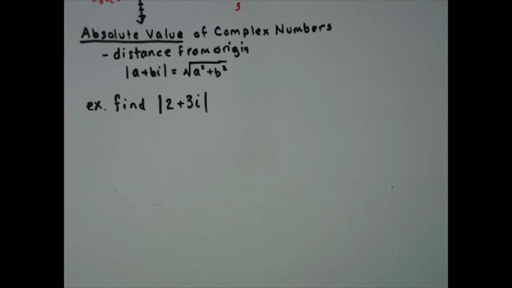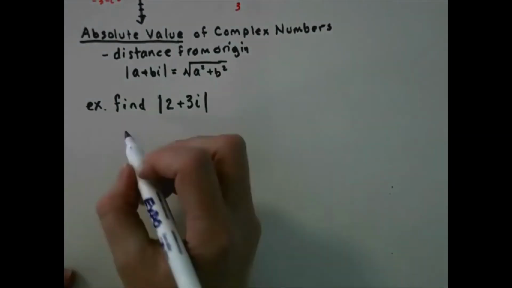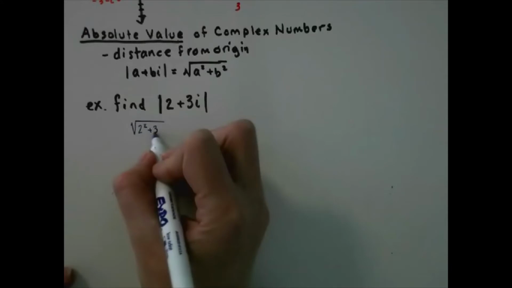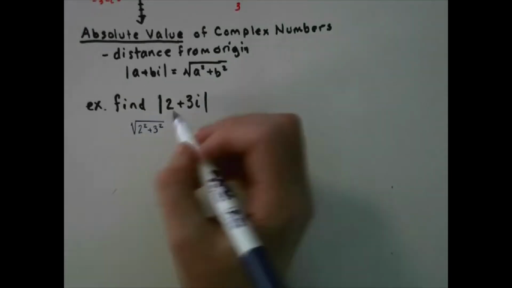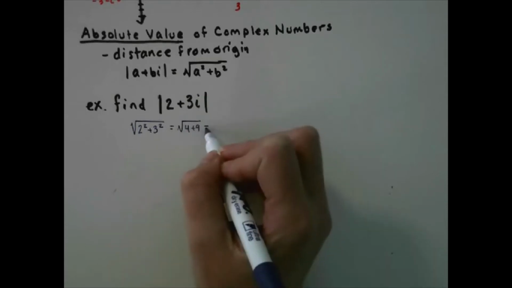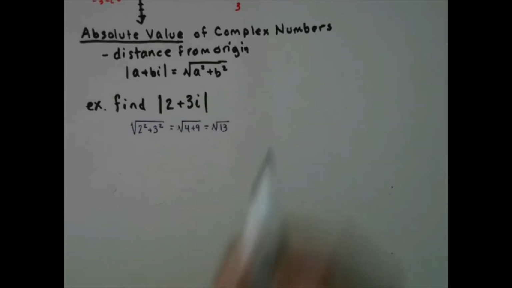Okay, so we're going to find the absolute value of 2 plus 3i. So that's going to be the square root of 2 squared plus 3 squared. So square root of 4 plus 9, which gives us the square root of 13.